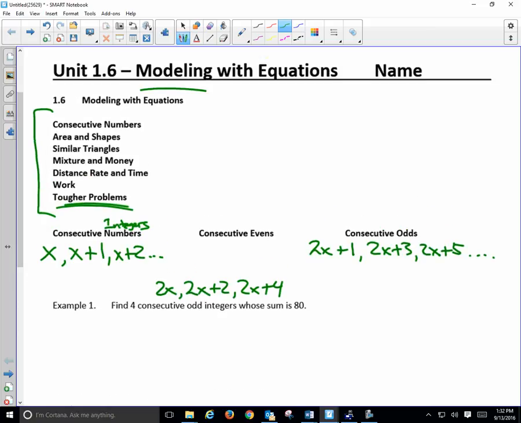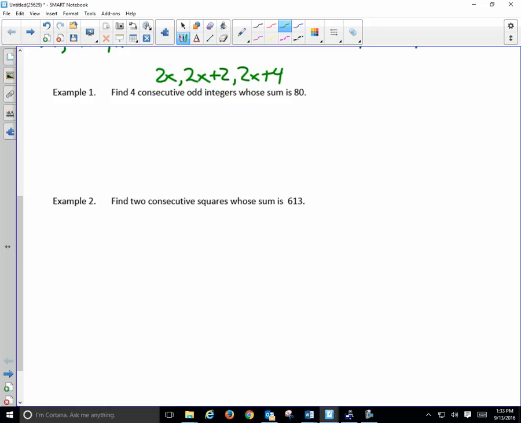So on your test and on your homework, you must write the equation. You're like, well, if I can figure it out without an equation. Well, trust me, I can come up with a problem that you can't figure out. Okay? So just understand that we are trying to write 4 consecutive odd integers that sum to 80.